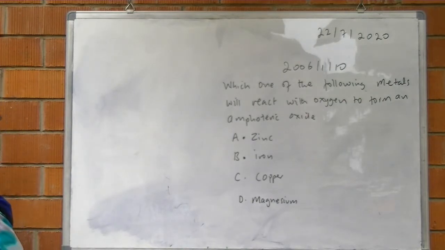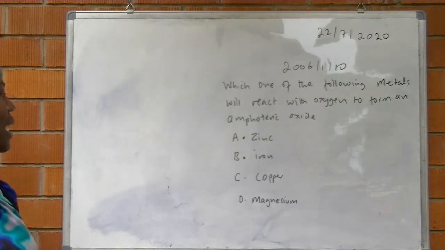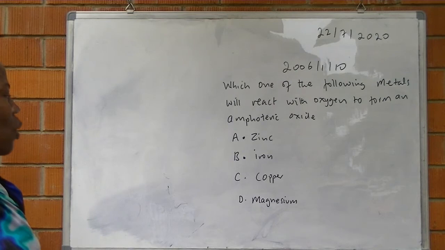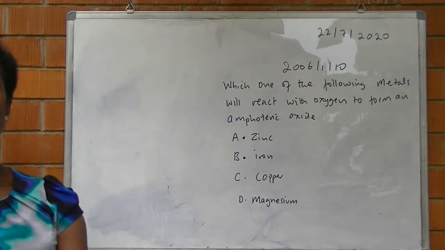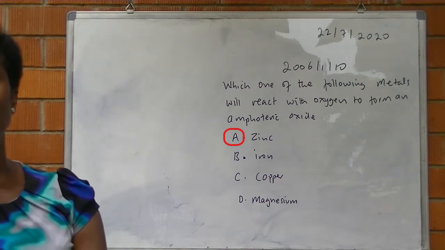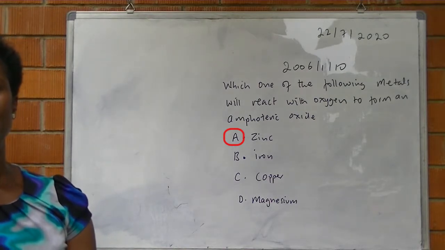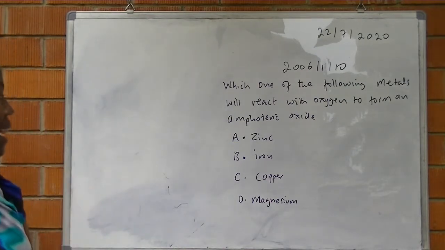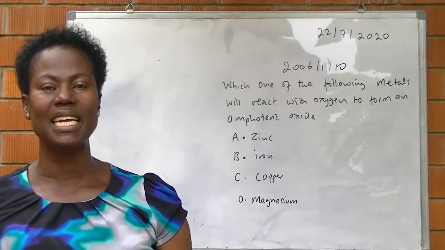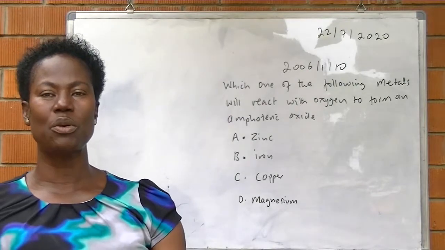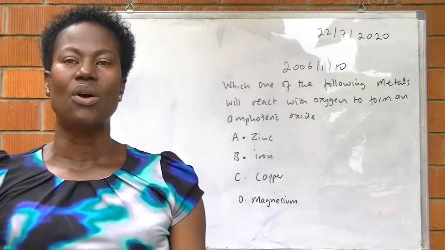We are given A, zinc, B, iron, C, copper, D, magnesium. The answer is zinc. Zinc will form zinc oxide, which is an amphoteric oxide. Another element which will produce an amphoteric oxide is aluminium. Aluminium will form aluminium 3 oxide.